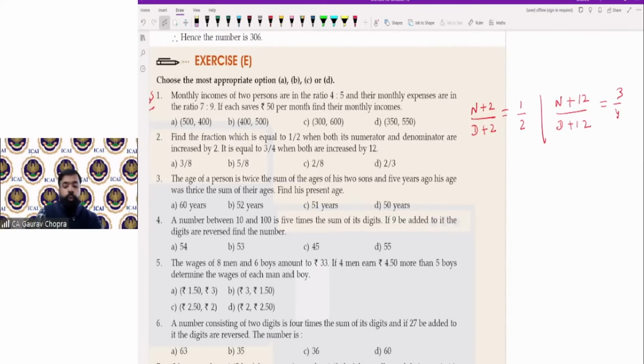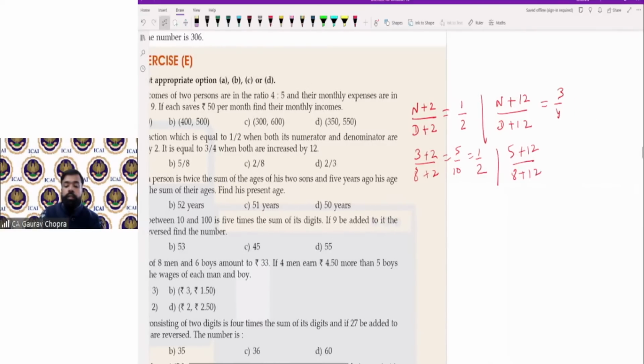If you try the first one, 3/8, plus 2 and plus 2, it becomes 5/10. That is half. Condition verified. Check the second condition also: 3 plus 12 and 8 plus 12, so it is 15 upon 20.